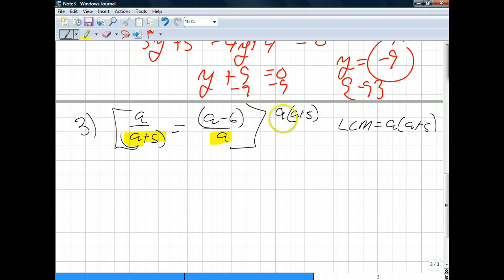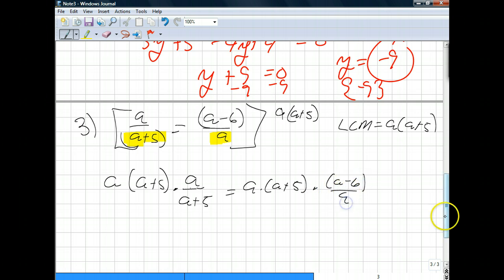So I distribute. So I get a times a plus 5 times a over a plus 5. That's an a. Equals a times a plus 5 times a minus 6 over a.